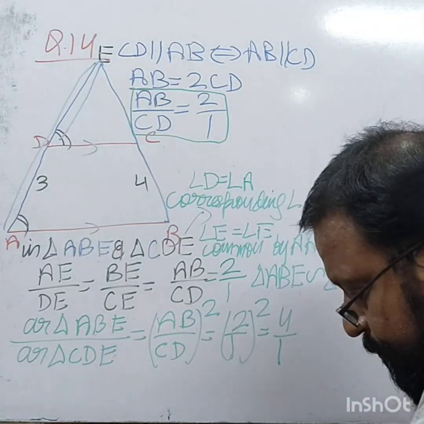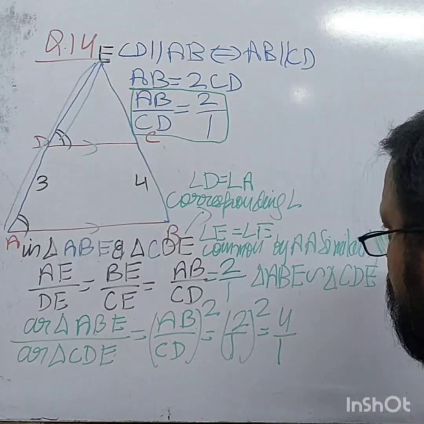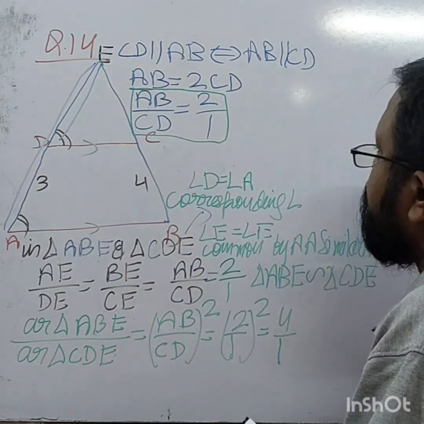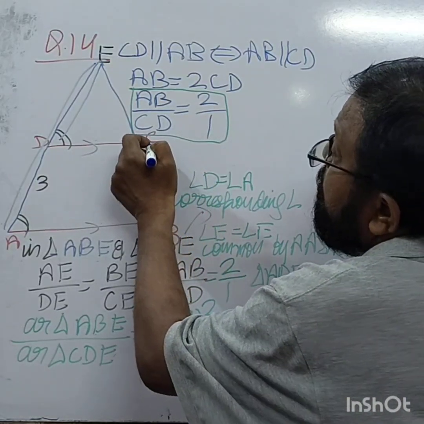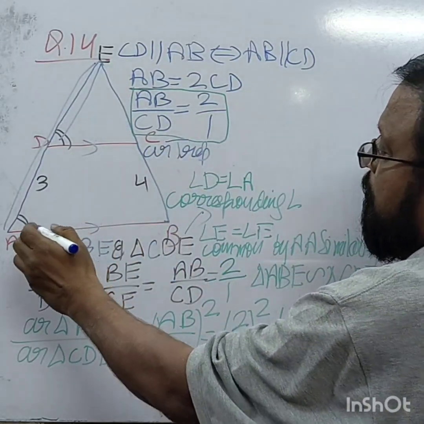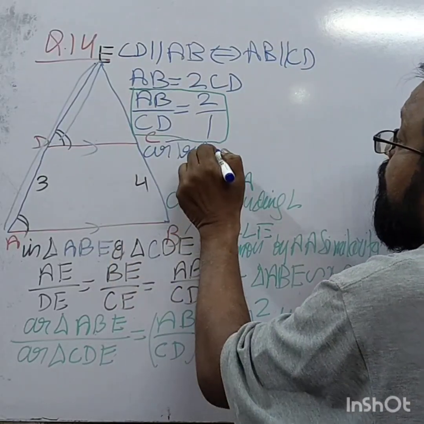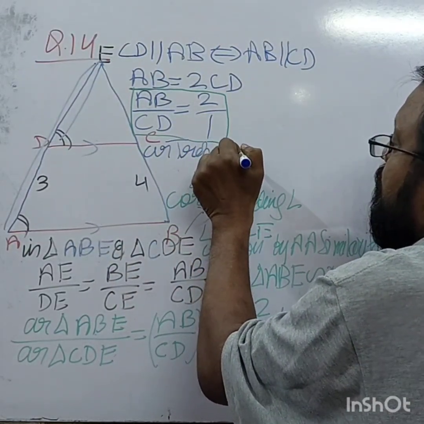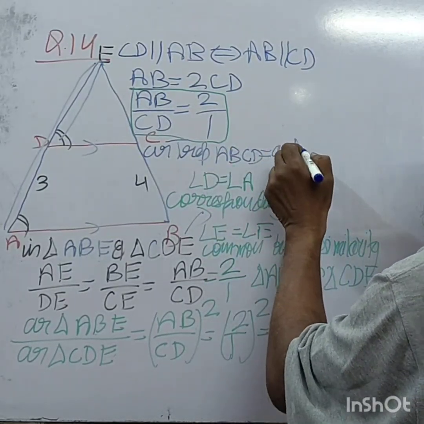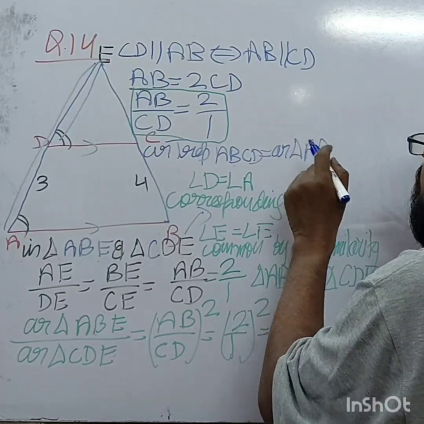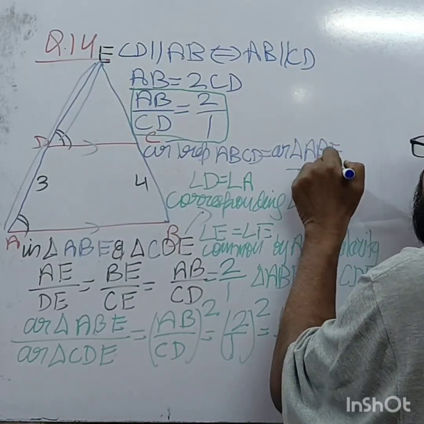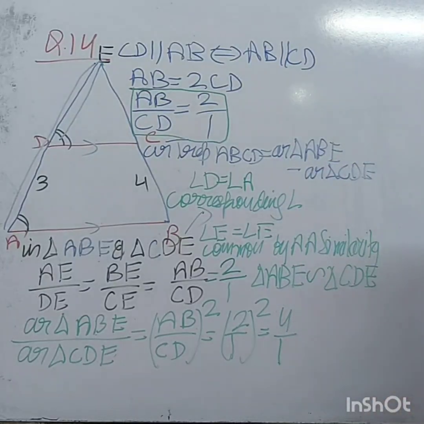Now area of trapezium ABCD is equal to area of triangle ABE minus area of triangle CDE, right?